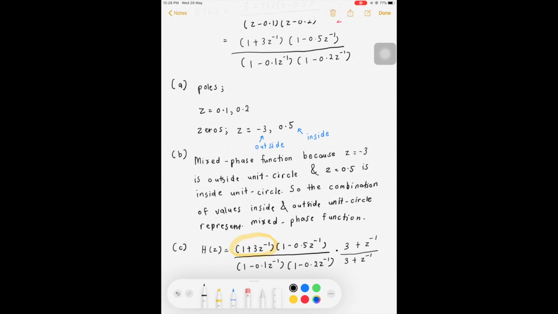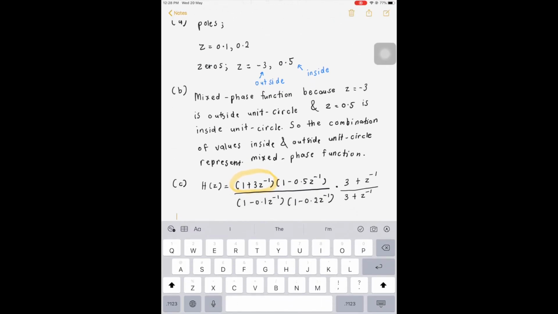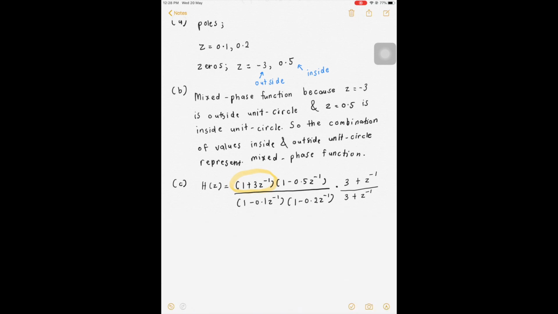Okay, so what's next? H all pass, you remember the equation. It is the z function outside the unit circle over the mirror of the z function outside the unit circle. So we have this over this.